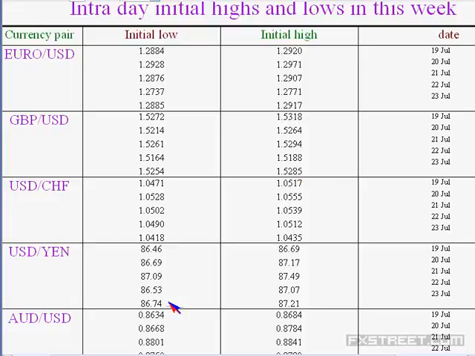Then in the case of USDJPY, 86.74 is intact, 87.21 is intact, and probably towards the close of the session, they could be handling the yen in order to handle the yen crosses. Then in the case of Australian dollar, you find they breached the low. 0.8905 was the initial low. The high was intact.